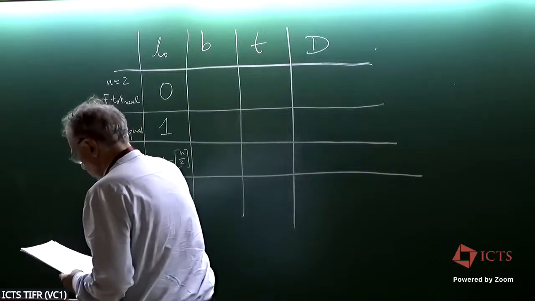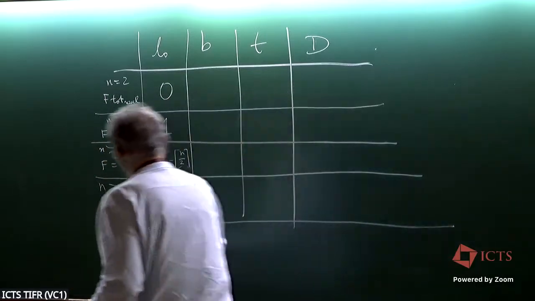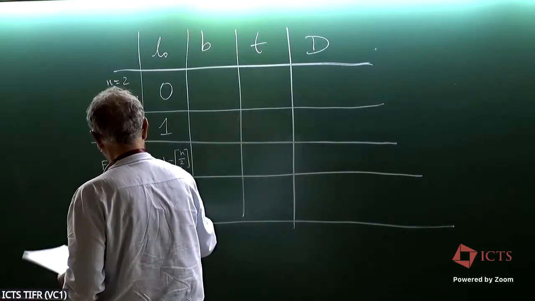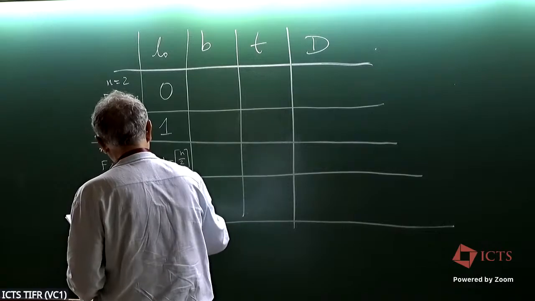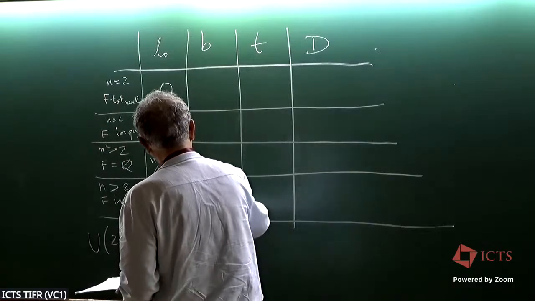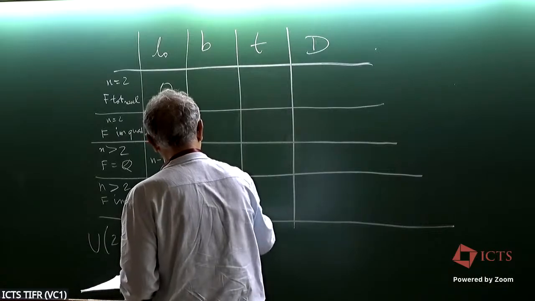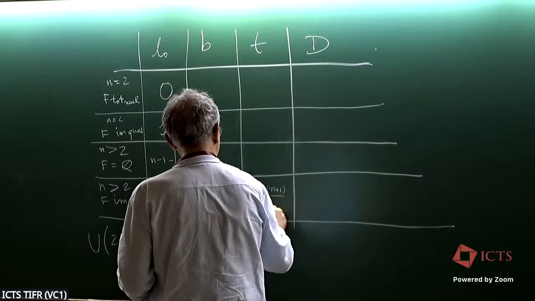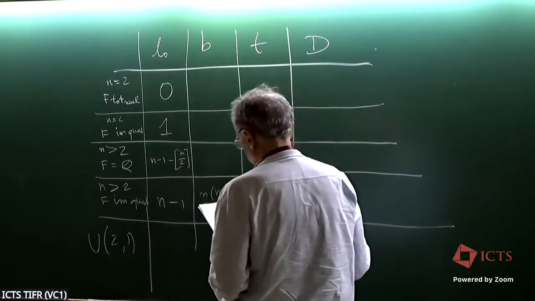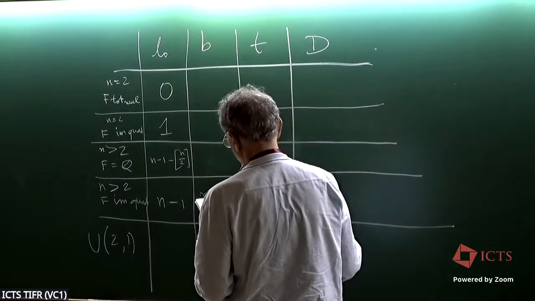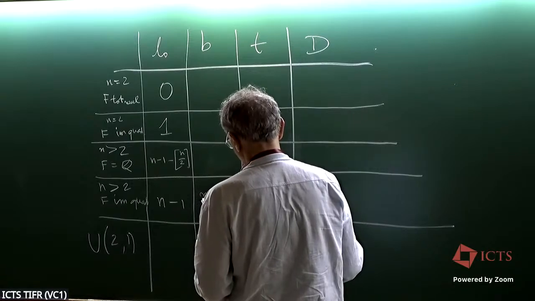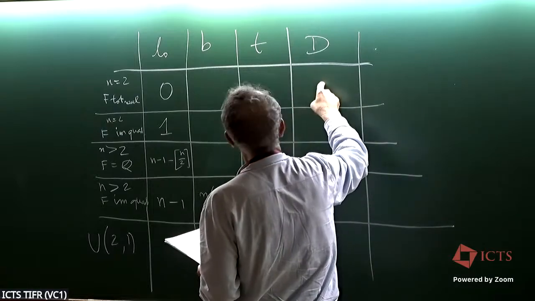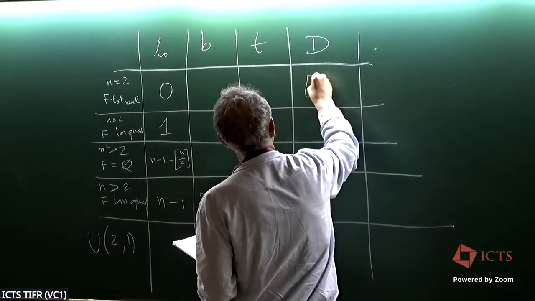In the imaginary quadratic case, I want also U to be 1. Here, of course, this is N minus 1. So here it's N minus 1 over 2. Here it's N plus 1 over 2 minus 1. And the dimension here is the degree of the field.